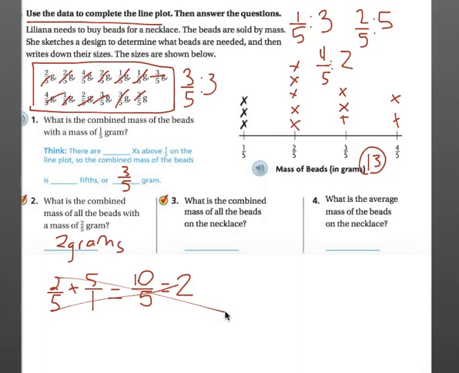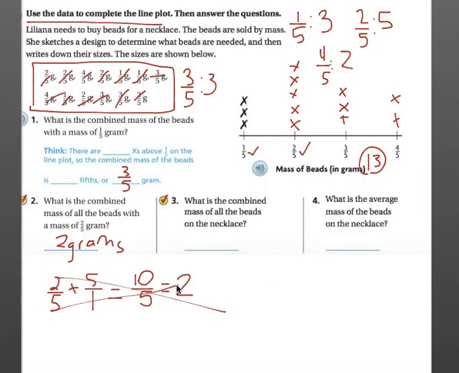Then it says, what is the combined mass of all the beads on the necklace? So I need to know, what is the mass of everything? So this is where that multi-step comes in. I know the mass for the 1/5 beads, and I know the mass for the 2/5 beads. Now I need to find the mass for the 3/5 and the 4/5 and add it all together.